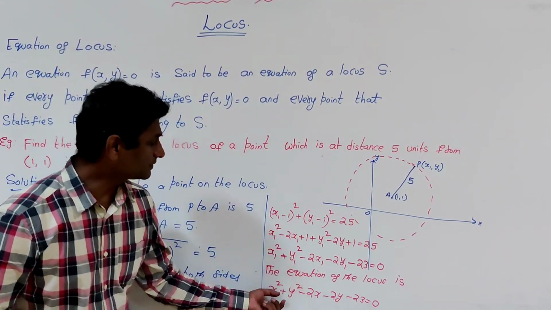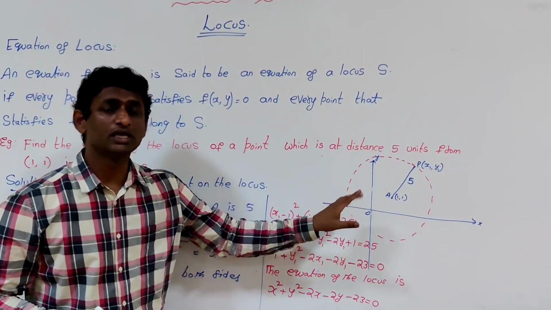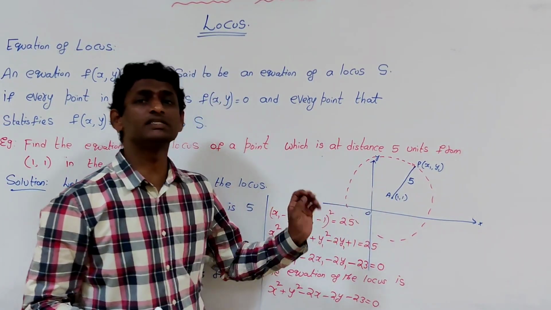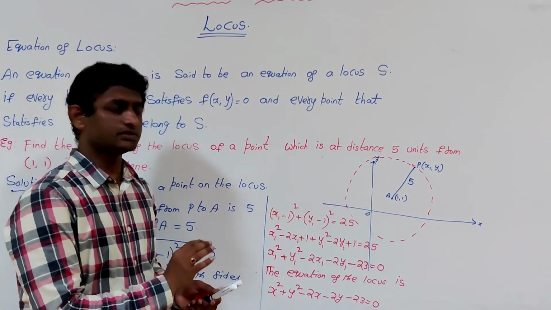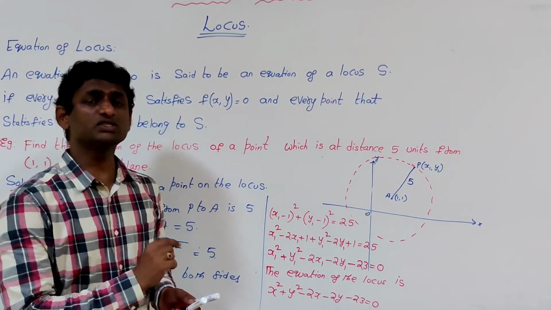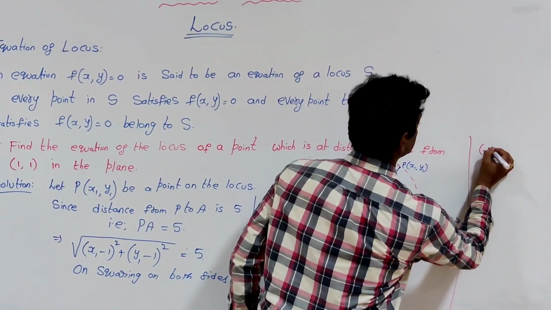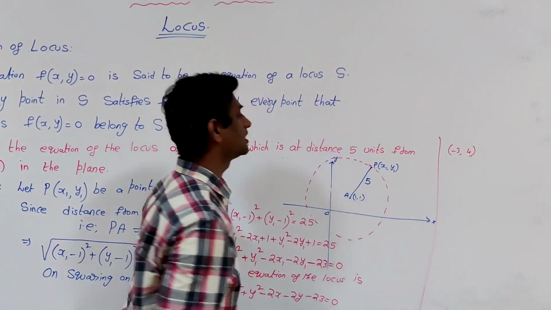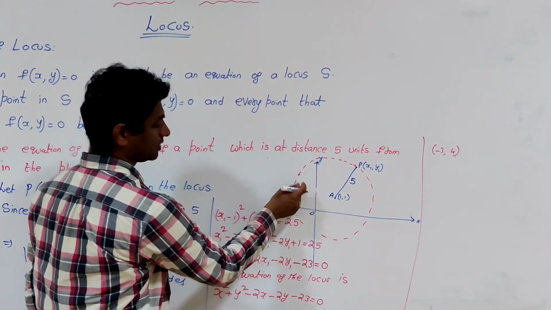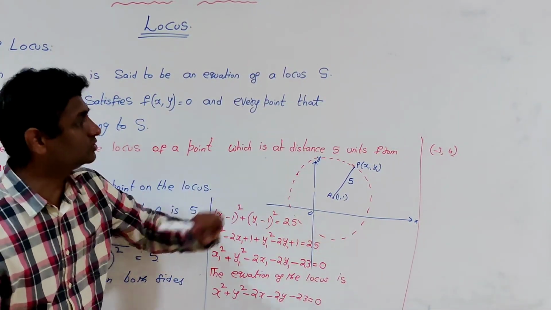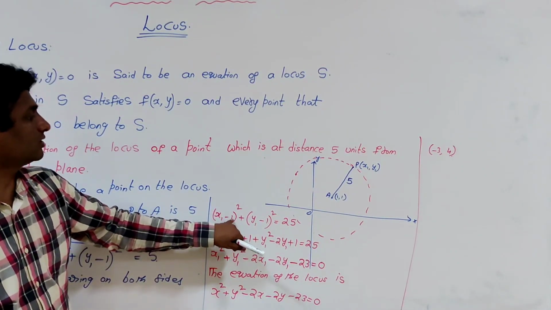If I substitute (0, 0), this is not satisfied because the distance from (0, 0) to (1, 1) is not 5. Now for understanding, if I choose (minus 3, 4), the point will be somewhere in the second quadrant. Now substitute that point in the equation. Minus 3 minus 1 whole square.